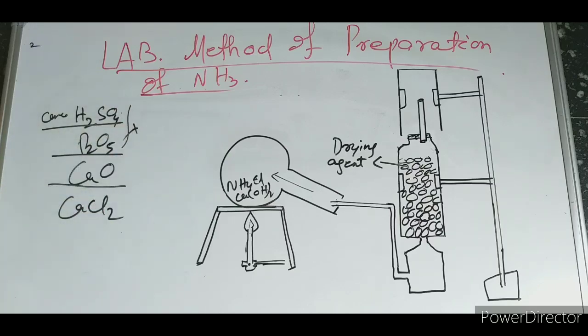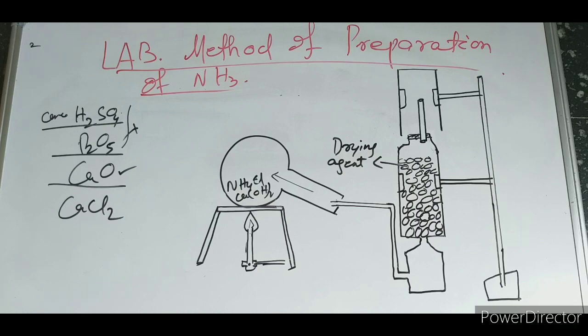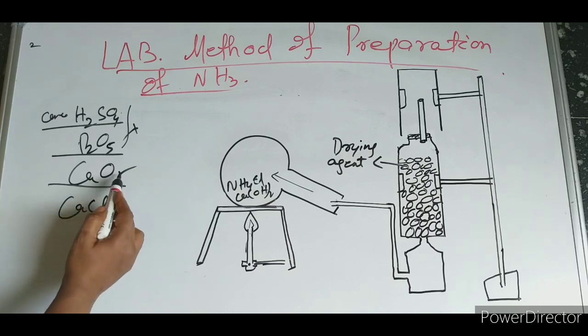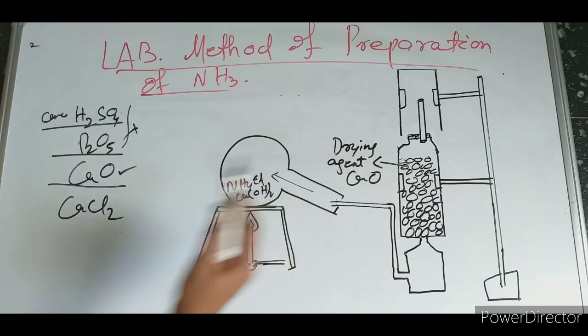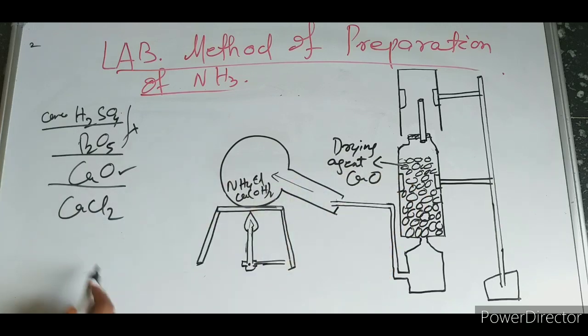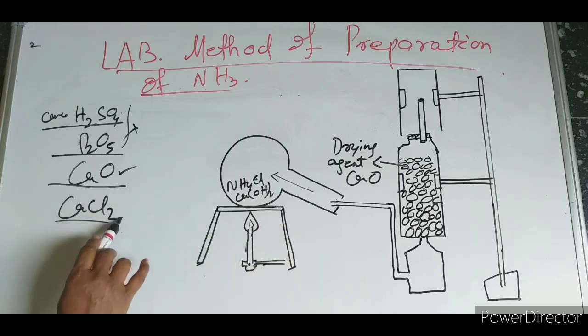What else? Calcium oxide. It is basic in nature, and its other name is quicklime. If we take calcium oxide, it will absorb the moisture. And why not anhydrous calcium chloride? Anhydrous calcium chloride, when reacting with ammonia, forms an additional product.